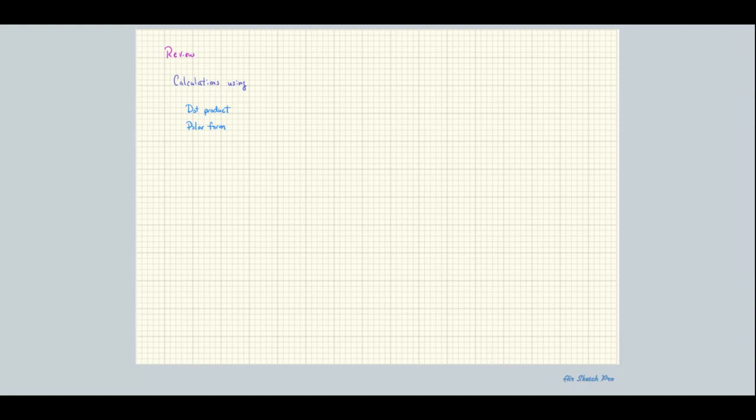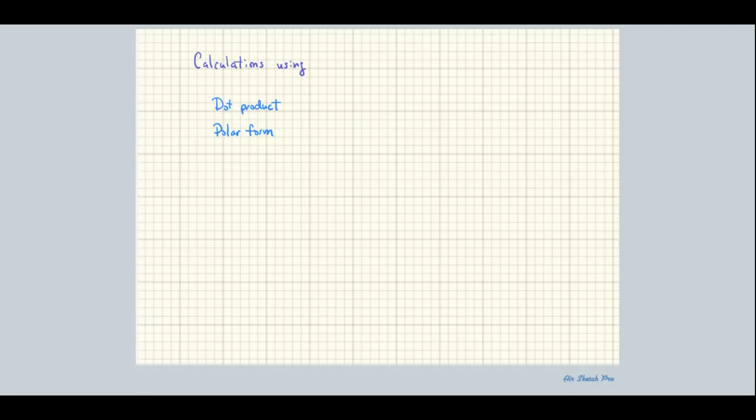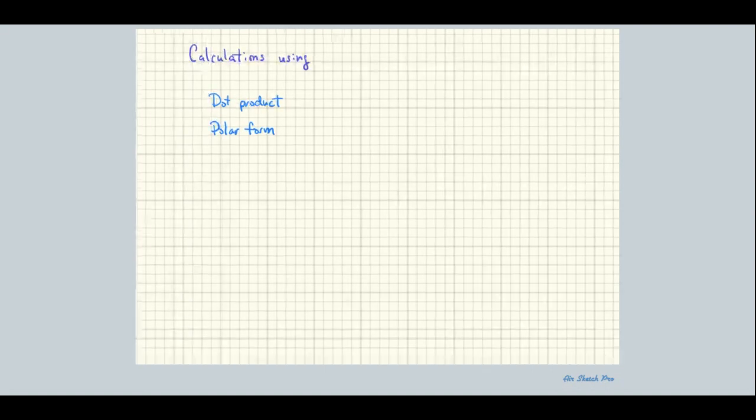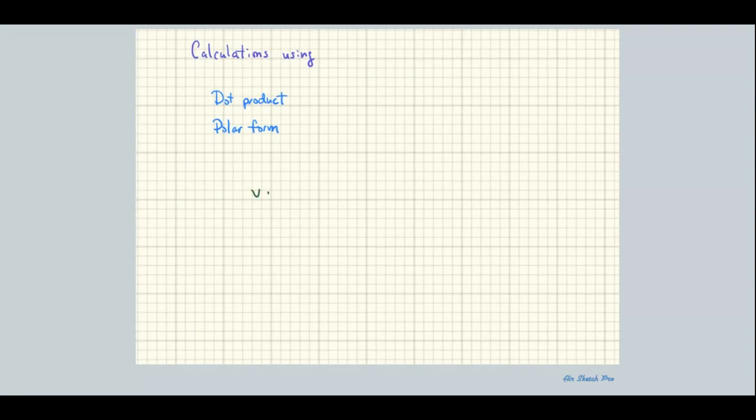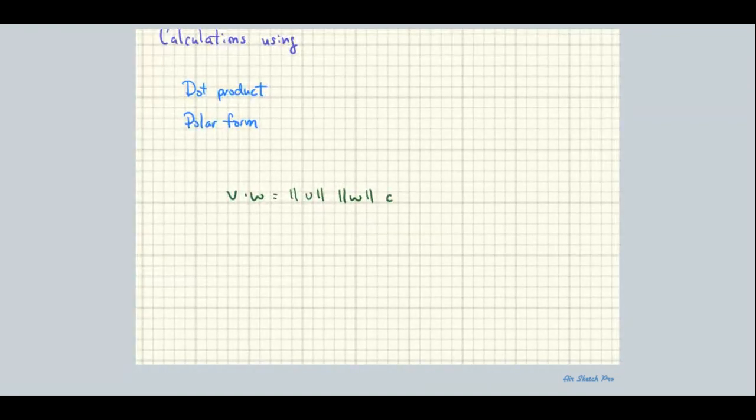And the reason the dot product is interesting, as far as trig is concerned, is because given two vectors v and w, we know that v dot w is the lengths of the vectors, and we know how to find the lengths because that's just the Pythagorean theorem, times the cosine of the angle between them. Just like that.